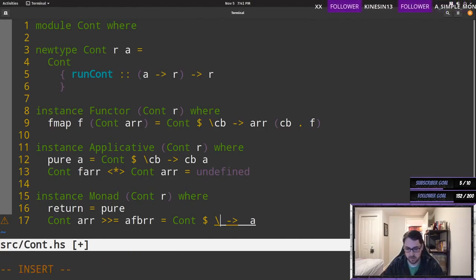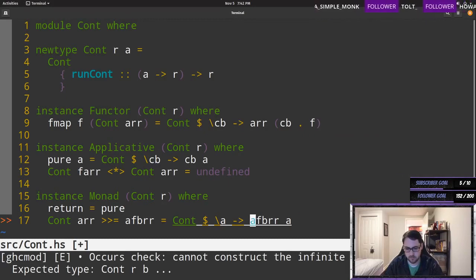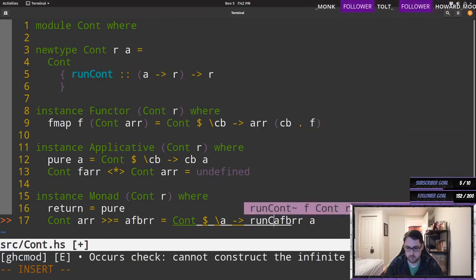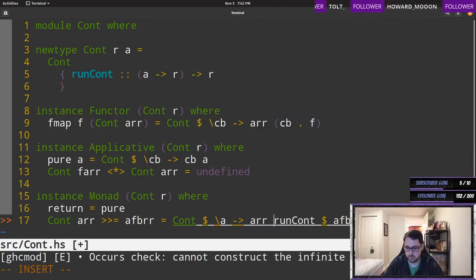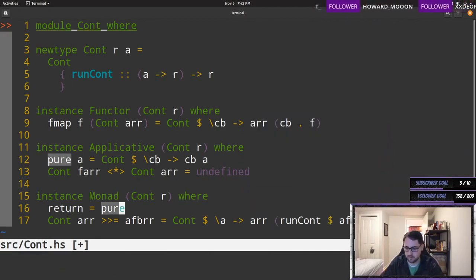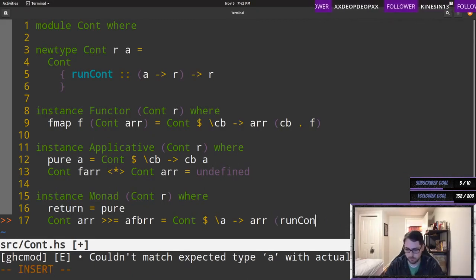Isn't this supposed to be an A? It was something like this. Nope.